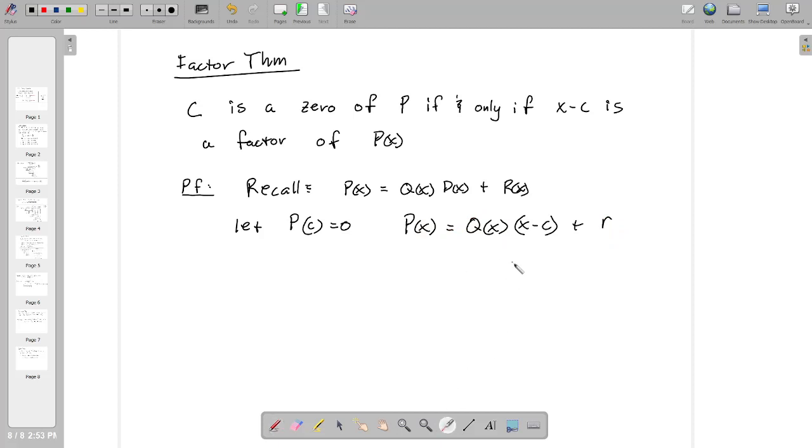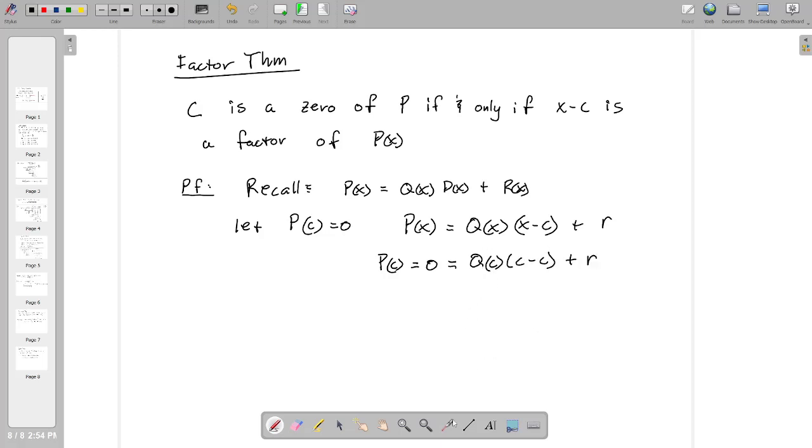Now, if x minus c is in fact a factor of p of x, then my remainder will be 0. So we've assumed that p of c is equal to 0. If I plug in c to p of x, then I would have to plug in c to every x on the right as well, and I would get q of c times c minus c plus r.